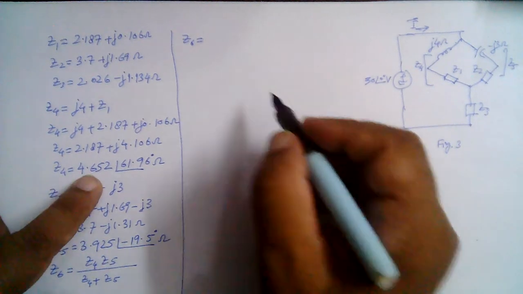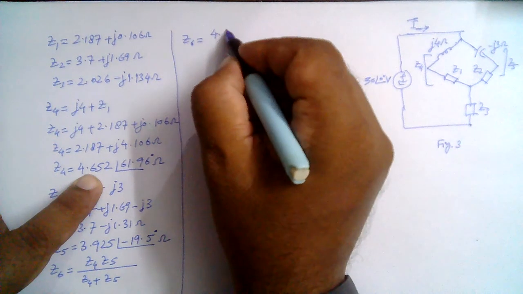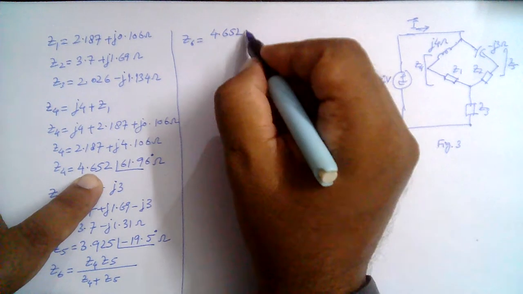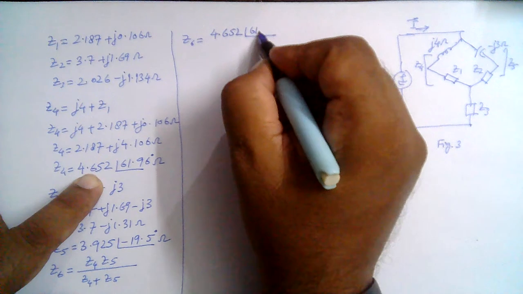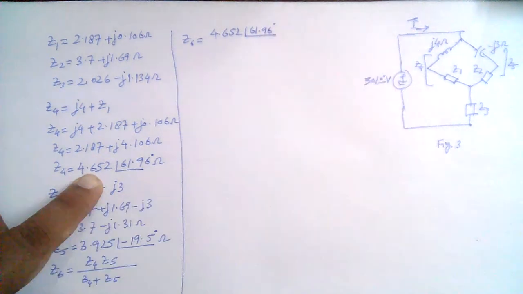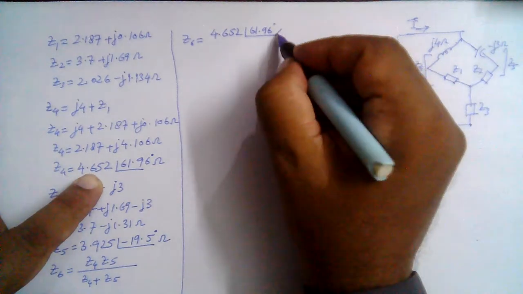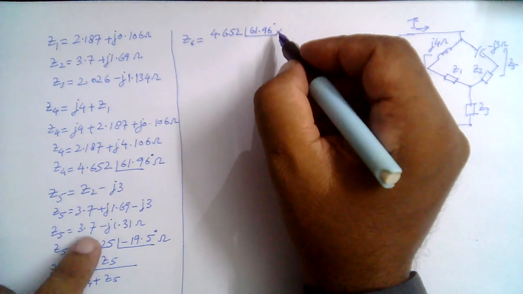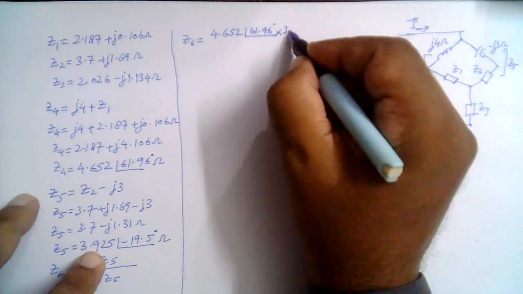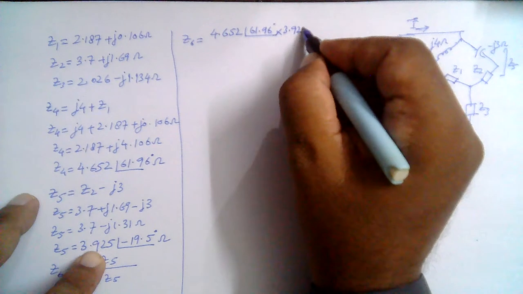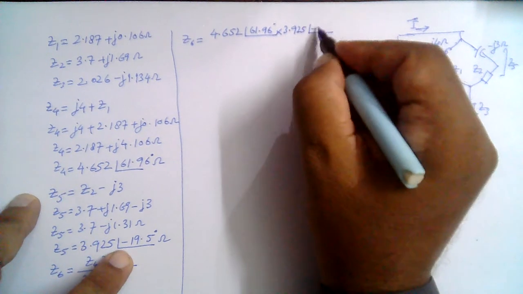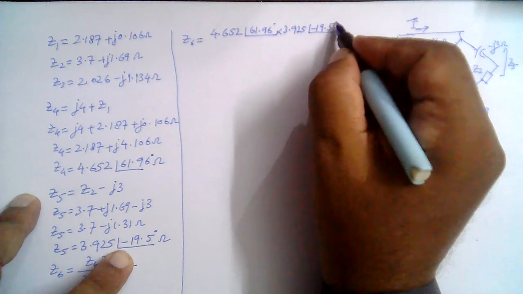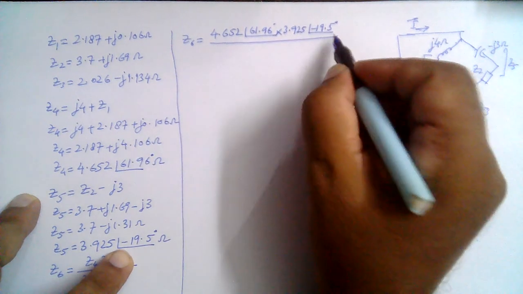So Z4 is 4.652 angle 61.96 degrees multiplied by Z5, which is 3.925 at an angle of minus 19.5 degrees divided by their sum.